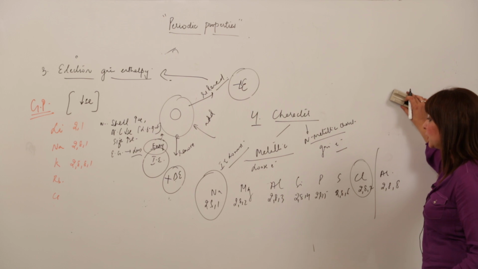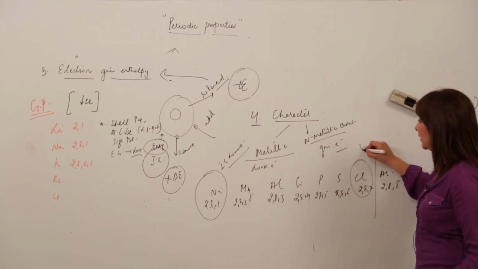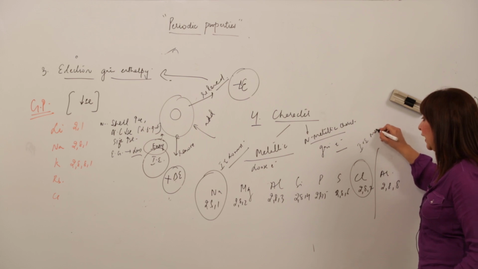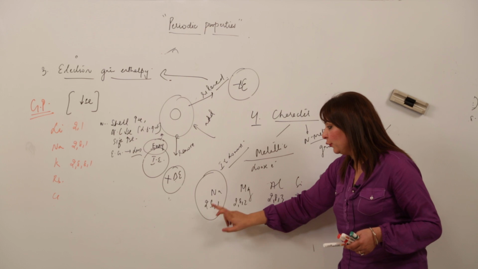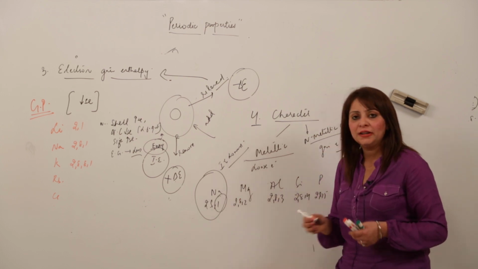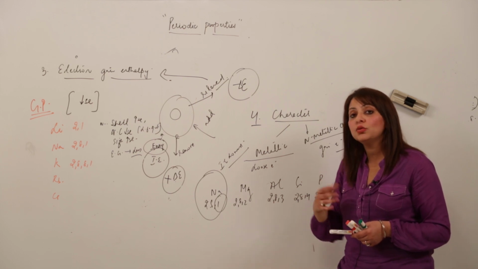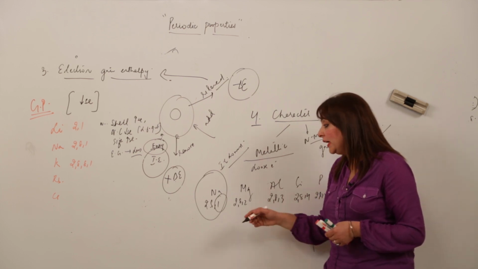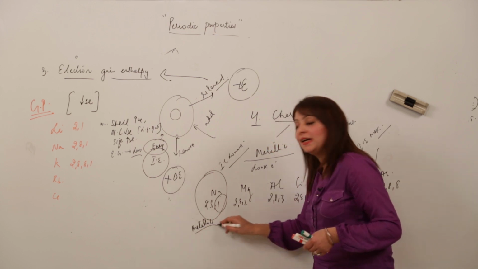So chlorine is, you can say, the smallest one out of this period, and that means it has the maximum ionization energy. If we want to remove an electron from sodium, less energy will be required, and less energy required means that it can lose the electron more easily. The more easily the element loses the electron, the more metallic it is. So that means it is metallic.